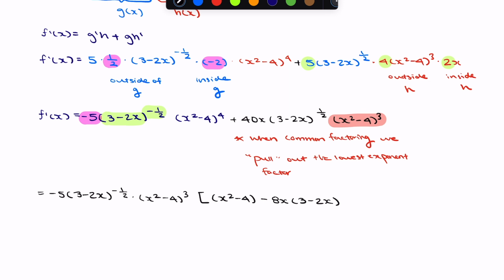We took out (3 minus 2x) to the power of negative 1 half, and if you take that out, so if you think about negative 1 over 2, 1 over 2 divided by negative 1 over 2, that equals 1 over 2 plus 1 over 2, which is equal to 1. So now we're left with negative 8x, and then just 1, (3 minus 2x).